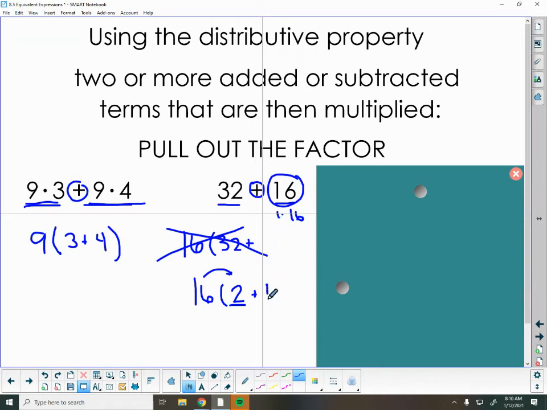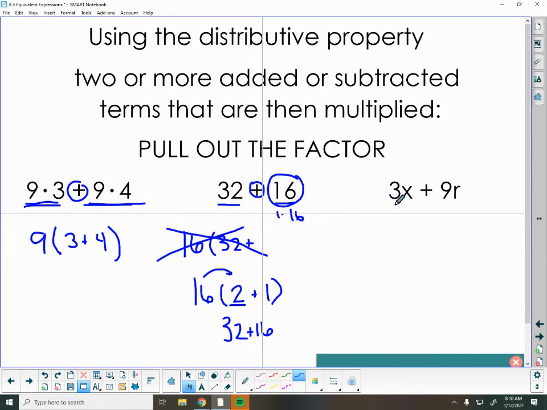Well, we said right here it's 1. So we could rewrite 32 plus 16 as 16 groups of 2 plus 1. So 16 times 2 is 32, plus give the 16, 16 times 1 is 16. So we can see these are equivalent here.